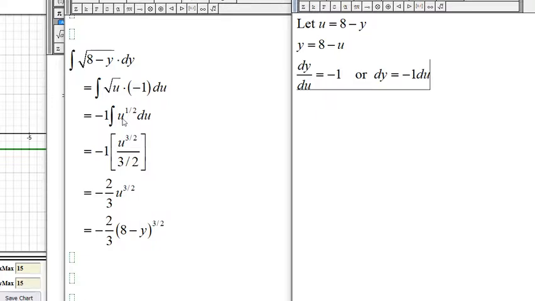Antiderivative for u to the 1/2, add 1 to the exponent. 1/2 plus 1 is 3/2. Dividing by 3/2 is the same as multiplying by 2/3, and then we have a negative 1. But u is 8 minus y, so we end up with negative 2/3 times 8 minus y to the 3/2.